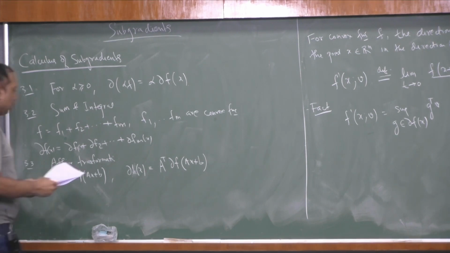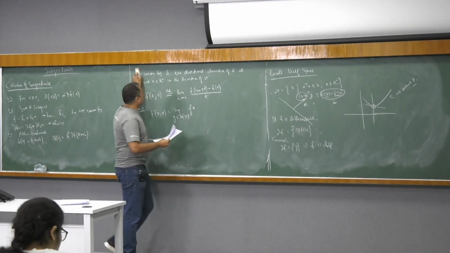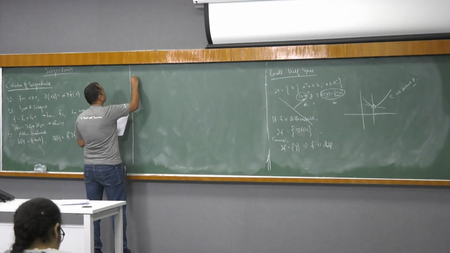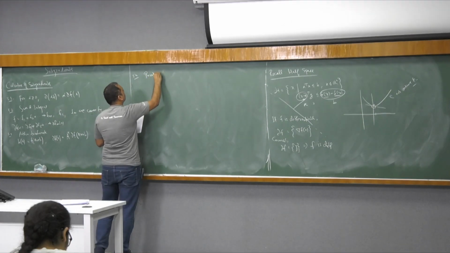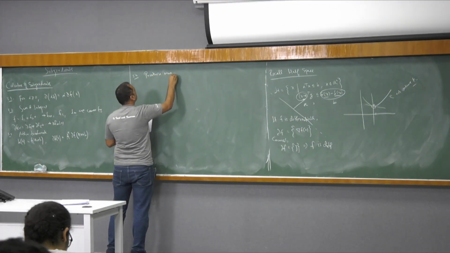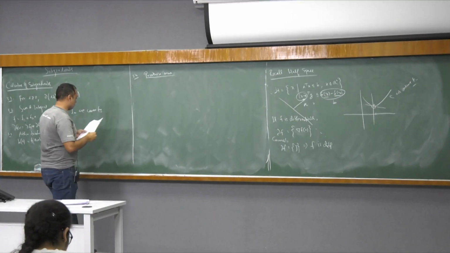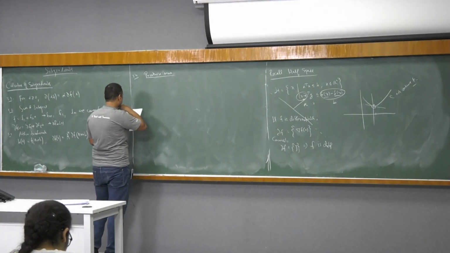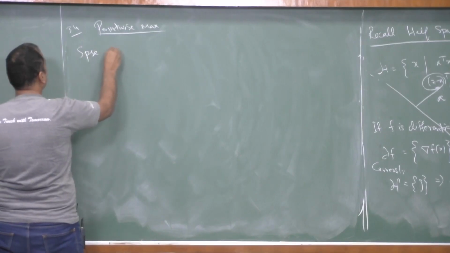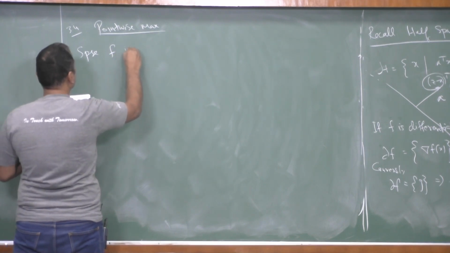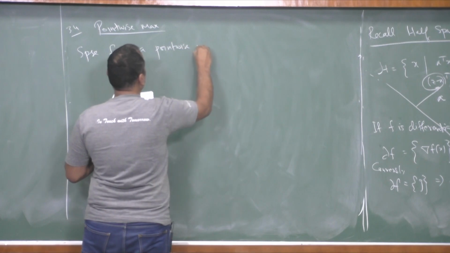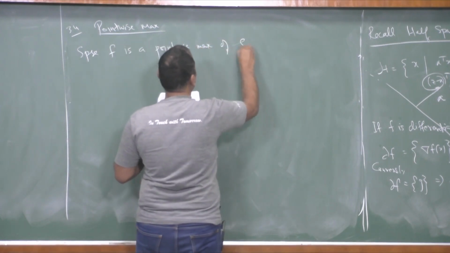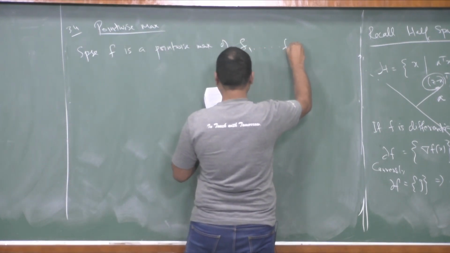Then we have the pointwise maximum. Suppose f is a pointwise max of f1 to fm.